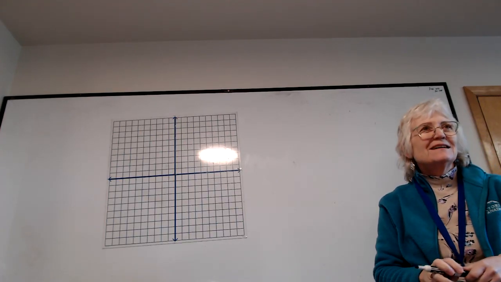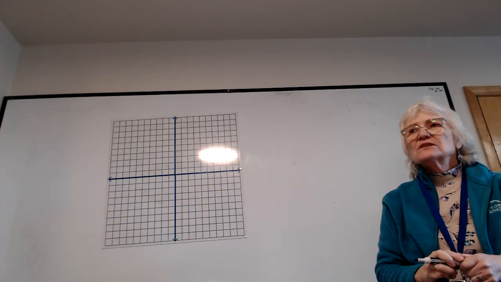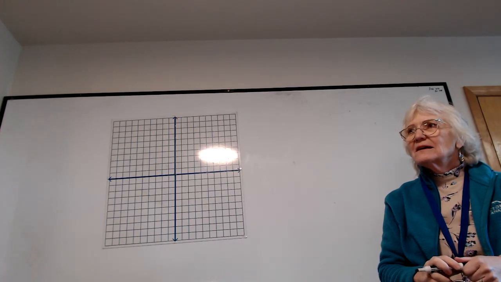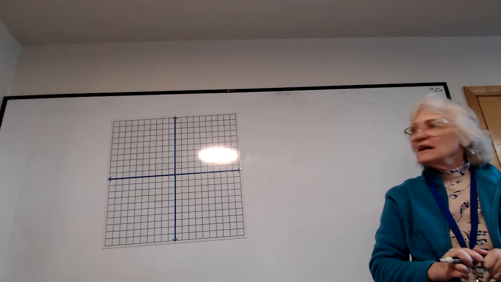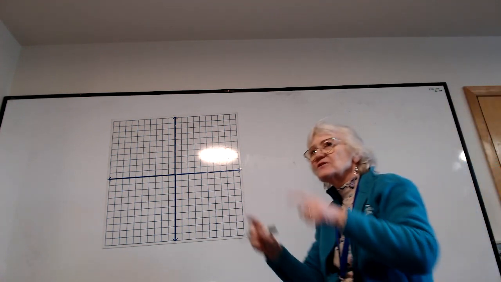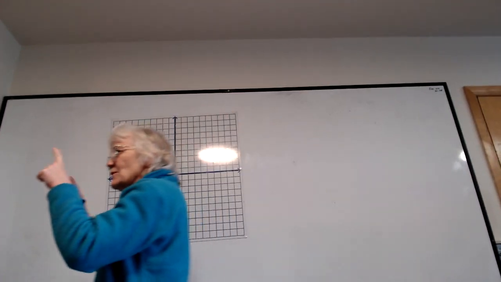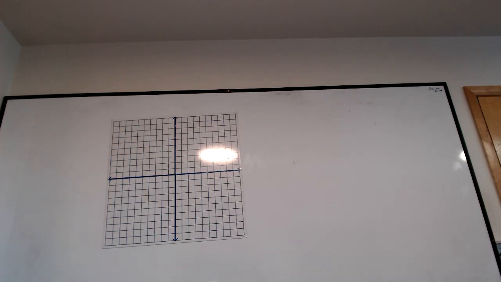Was there a third thing for the kite? There's only two things, right? Well, a kite is where the two adjacent pairs of sides are equal. Two adjacent pairs of sides are equal. Okay. And the diagonals bisect each other.